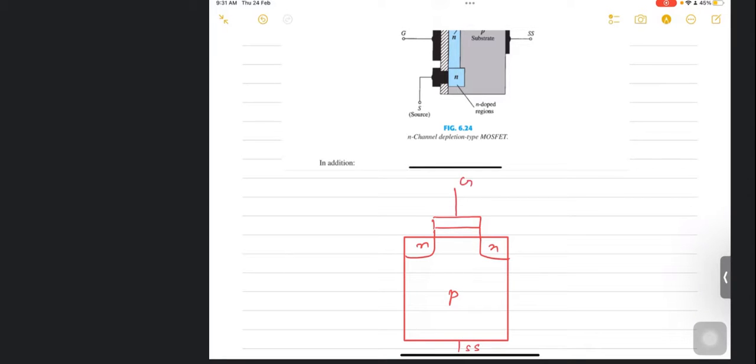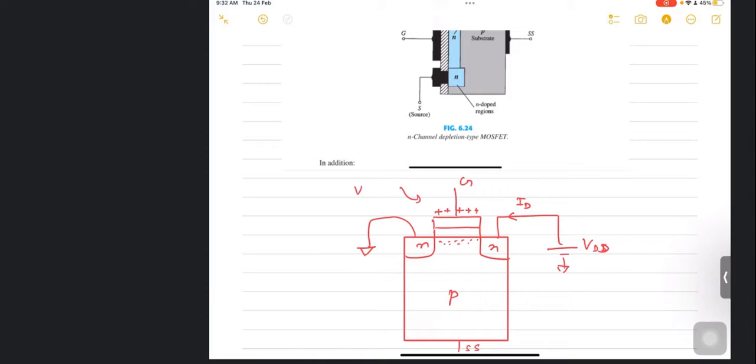This is gate. This is drain. This is VDD also. So when we apply positive potential here, electrons will attract towards this side. So current is flowing.